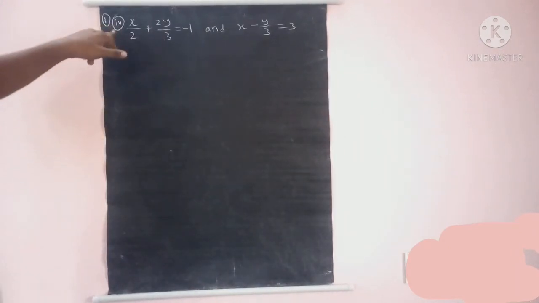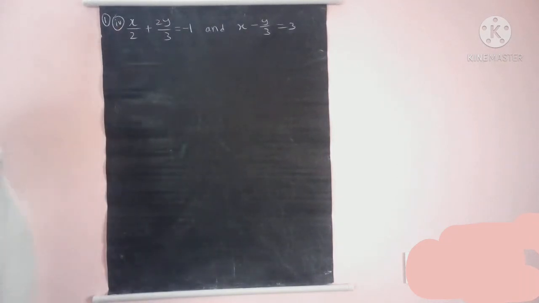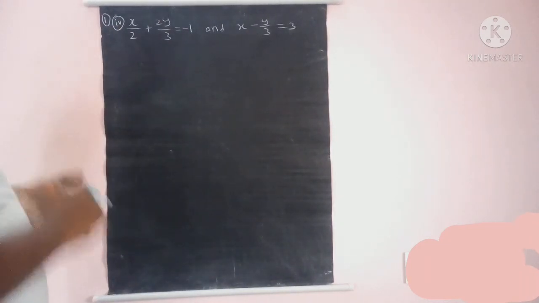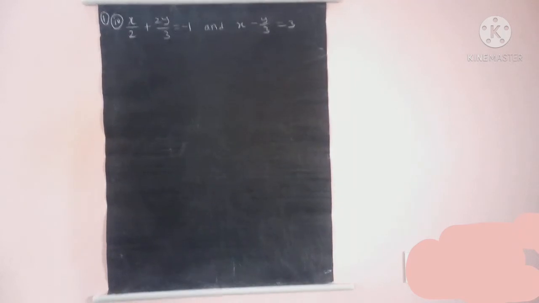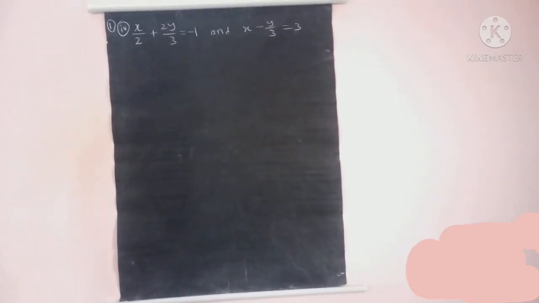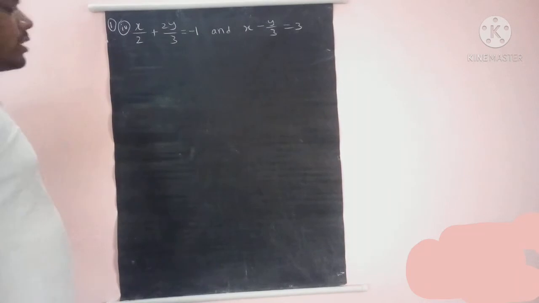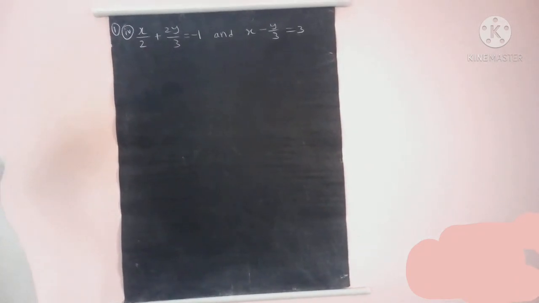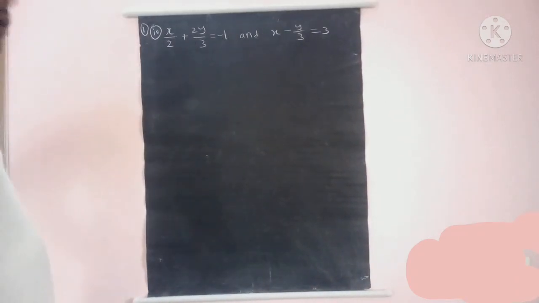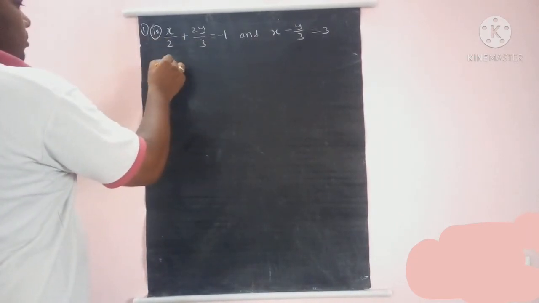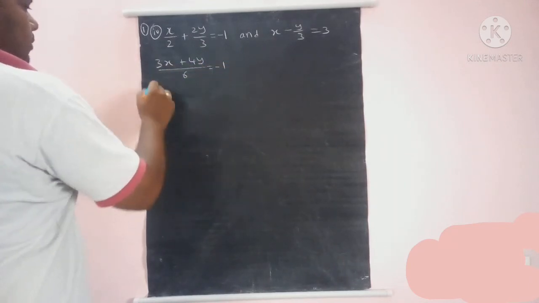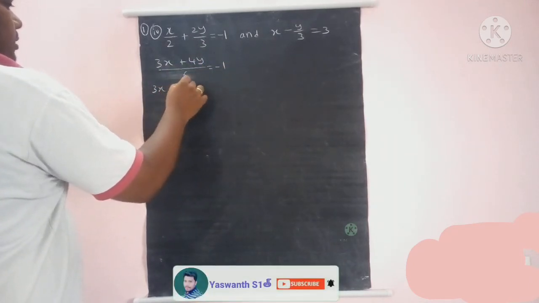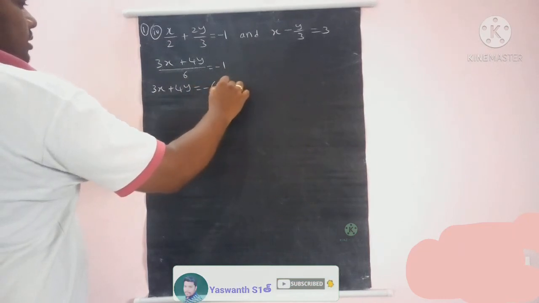In the first subpart of the fourth question, the given equations are x by 2 plus 2y by 3 equals minus 1 and x minus y by 3 equals 3. So now we need to solve this. As I said, first you need to make them in the standard format. If you take LCM, 3x plus 4y by 6 equals minus 1. 3x plus 4y equals minus 6.